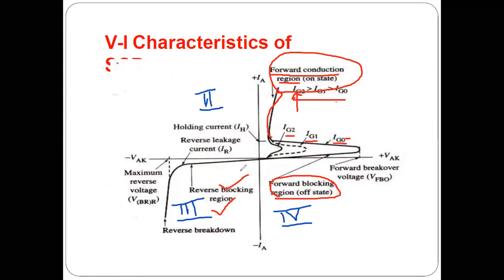Similarly, when it comes to the reverse blocking mode, once you apply the reverse voltage, the SCR is operating under the reverse bias condition. Reverse bias is nothing but the polarity of the applied battery being reversed, that is, minus is connected to the anode and plus is connected to the cathode.